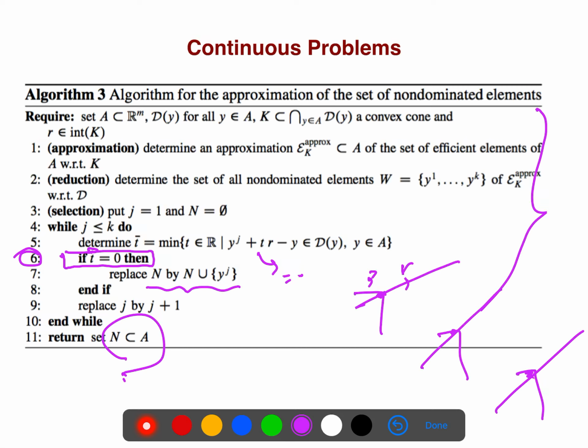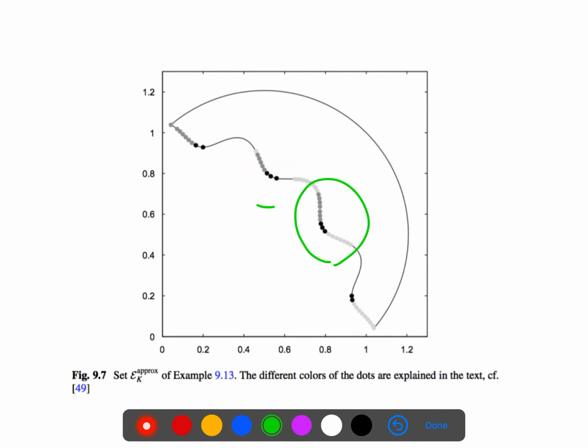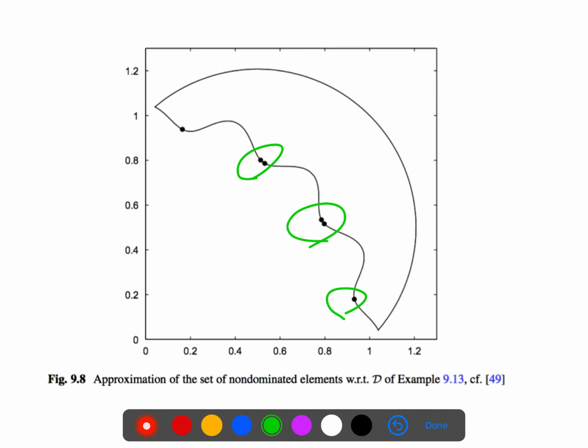So if the minimum of all of them, t, is equal to 0, if it happens that for any y that we start, for example y here, if it happens that y is here and we don't need to go anymore, then this is a non-dominated point, and we add such points to our N. That's why we are trying to find those non-dominated elements from a zoo of elements that are not useful.